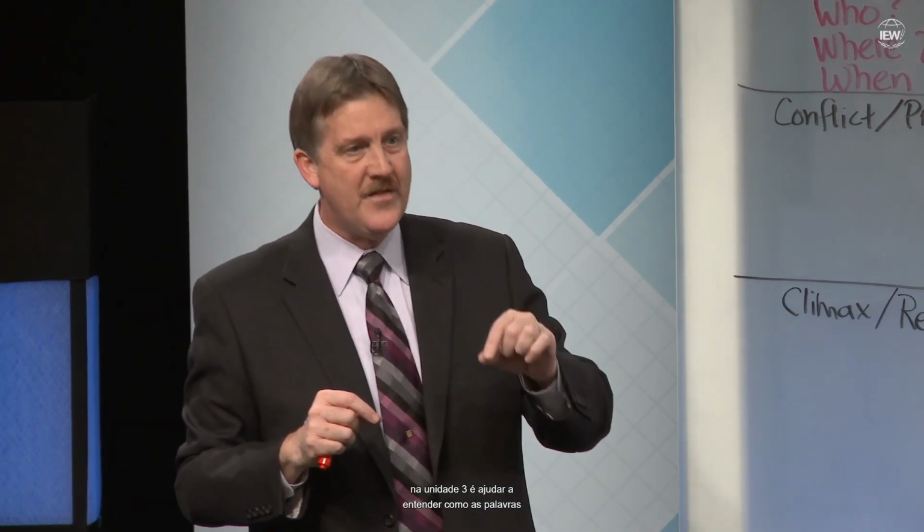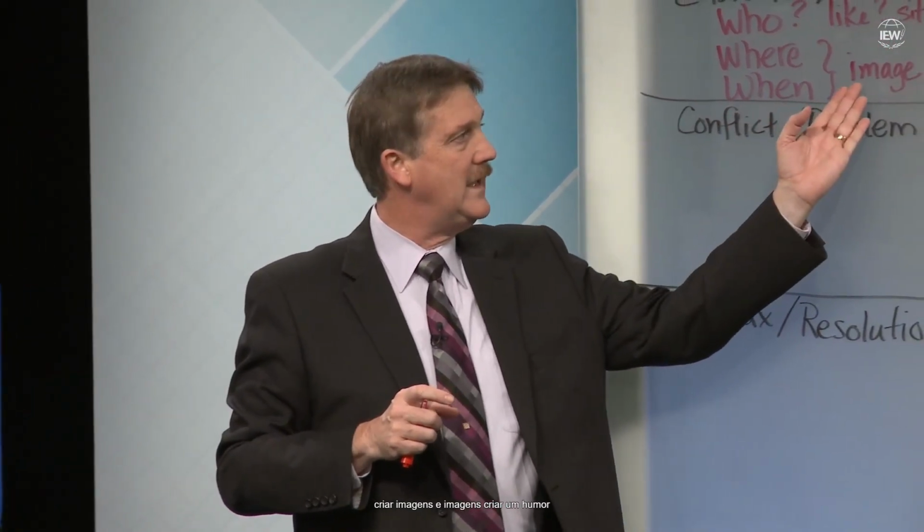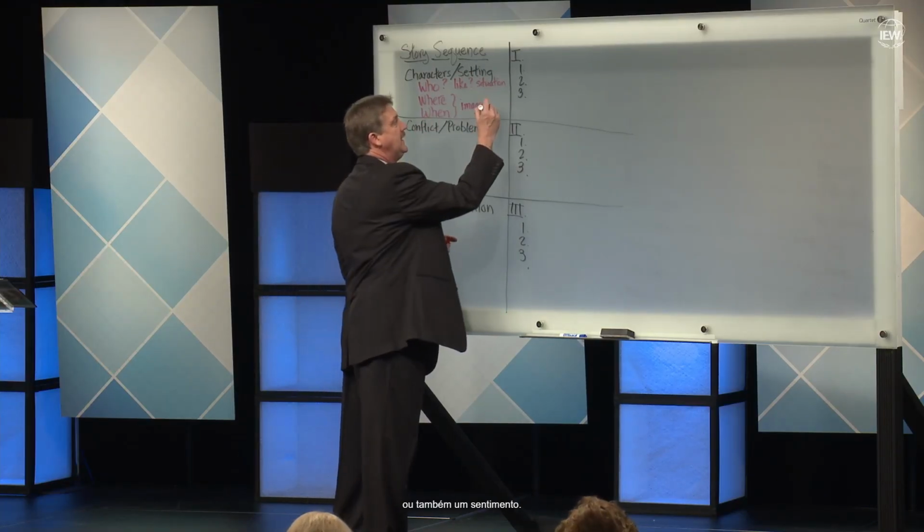They'll name authors who are very good at painting pictures with words. And so part of our goal in teaching Unit 3 is to help them understand how words create images. And images can create a mood or a feeling as well.